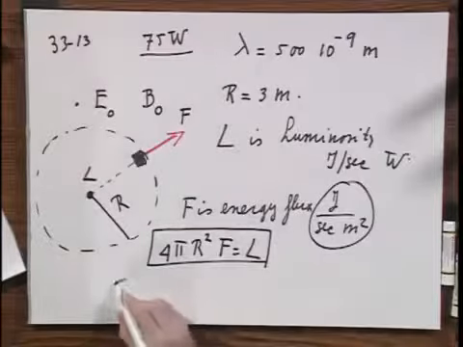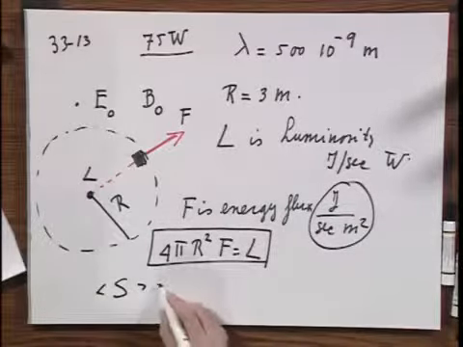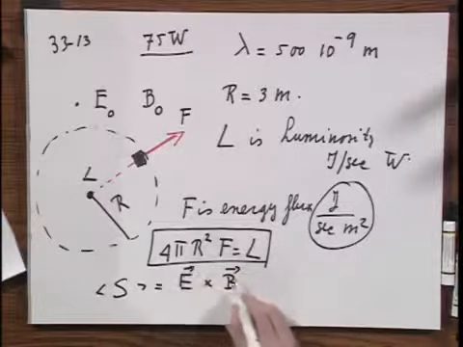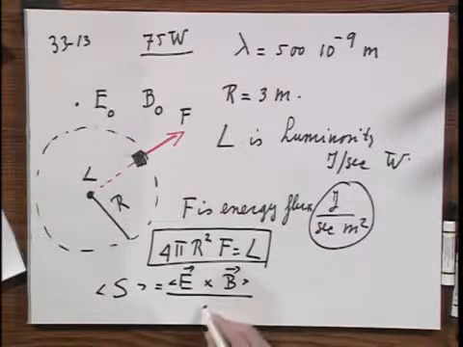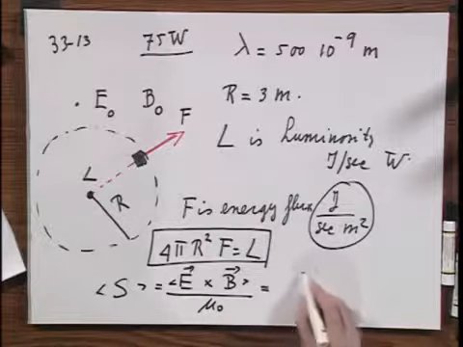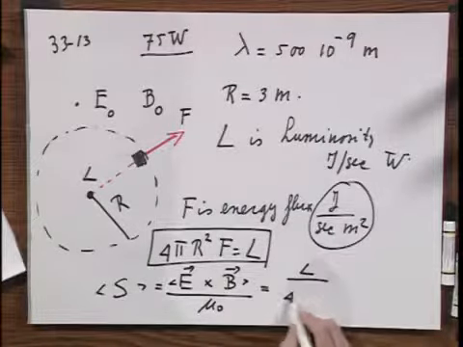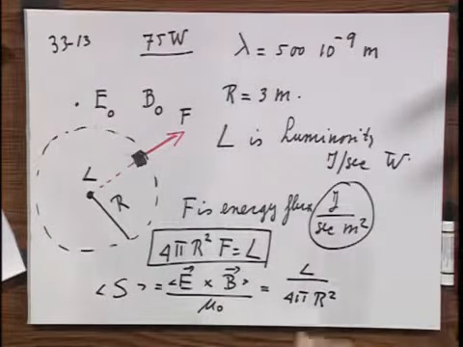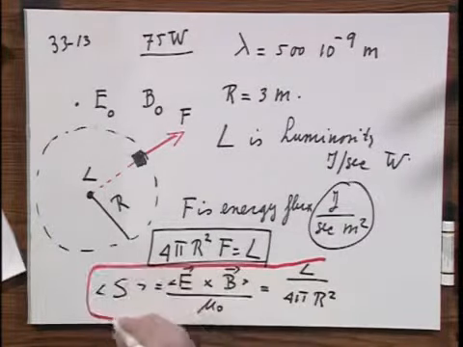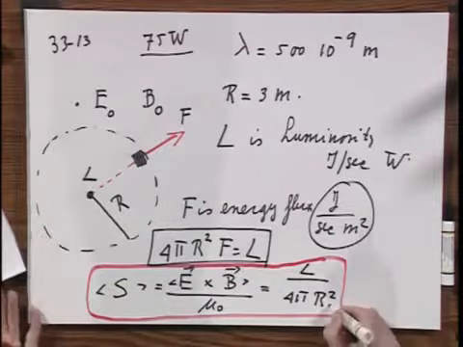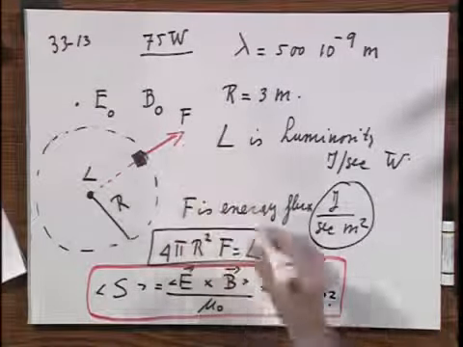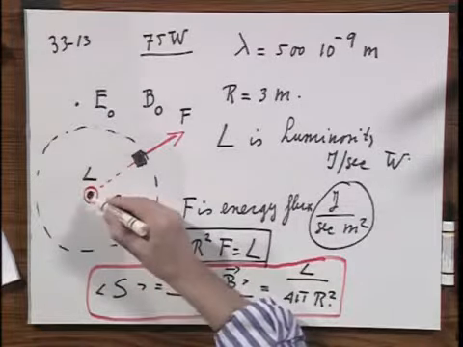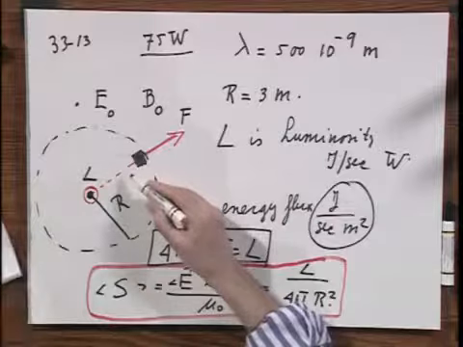And so the mean value of the Poynting vector, which equals the mean value of E cross B divided by mu 0, then also equals L divided by 4 pi r squared. And you see immediately, which is no surprise of course, that the Poynting vector falls off as 1 over r squared. The farther you are away, the smaller the flux, and it goes as 1 over r squared. The luminosity, the amount of energy that comes out here, of course, is independent of r.